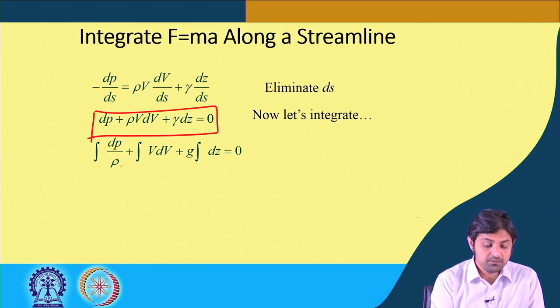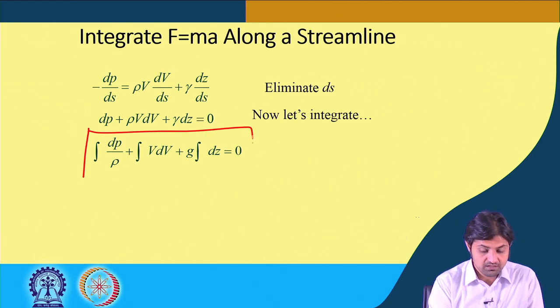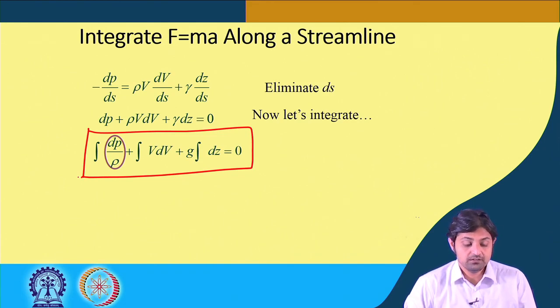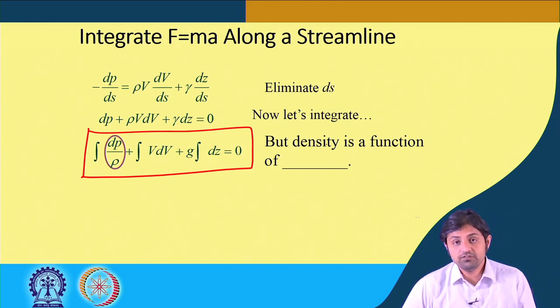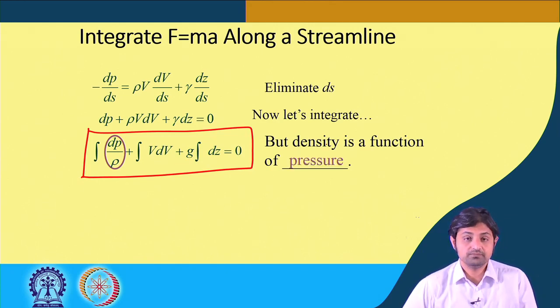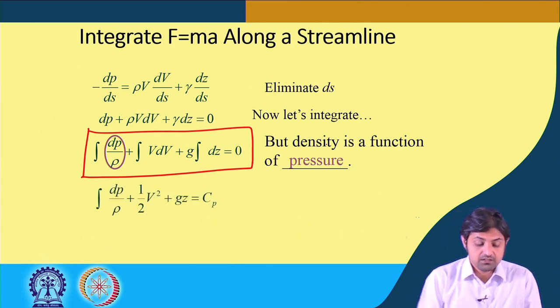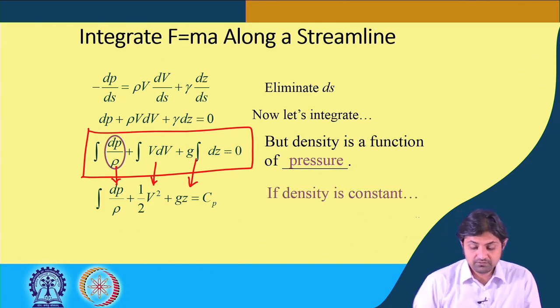It will become dp by rho plus V dV plus g integral dz is equal to 0. Here the density is a function of pressure, so we have to keep it inside the integral. So we write integral dp by rho plus V square by 2 plus gz is equal to constant.